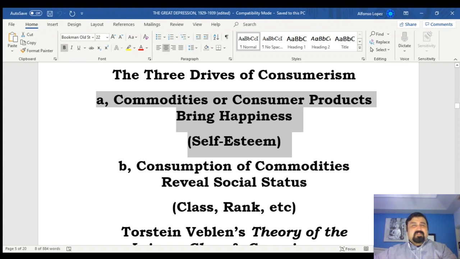In consumer cultures, what drives the members of the culture to consume is a conviction, shared by the society, that the consumption of certain products brings happiness. In other words, this is how you be happy: you're going to get happy by purchasing certain products.